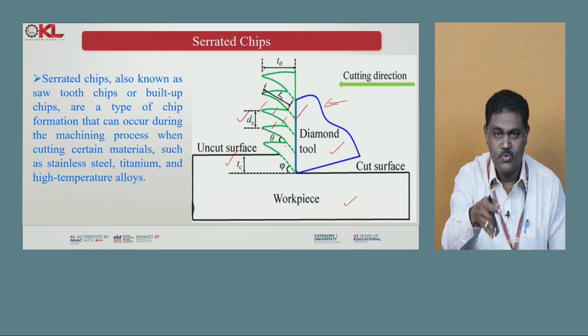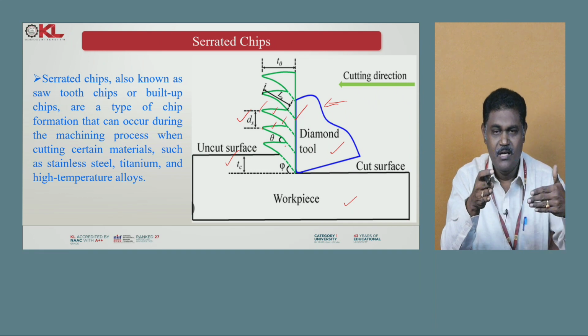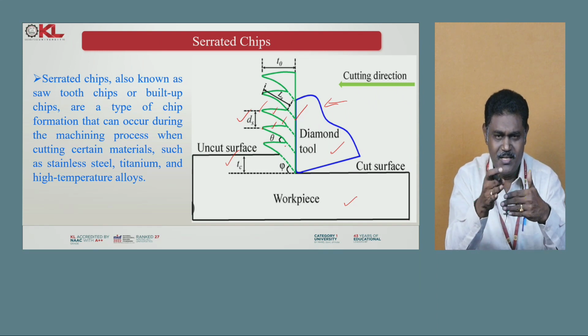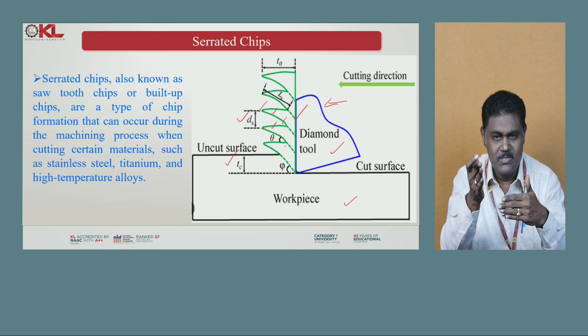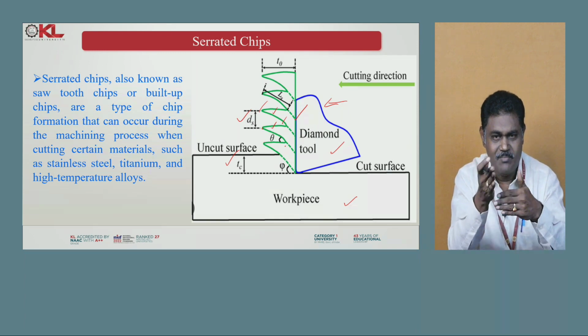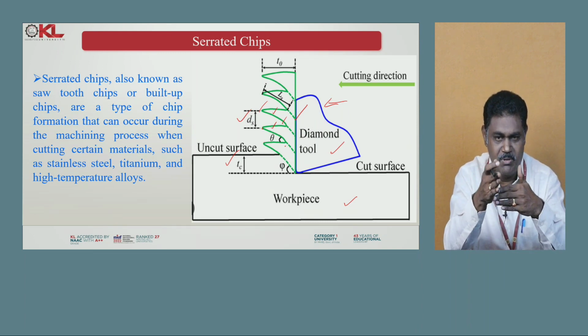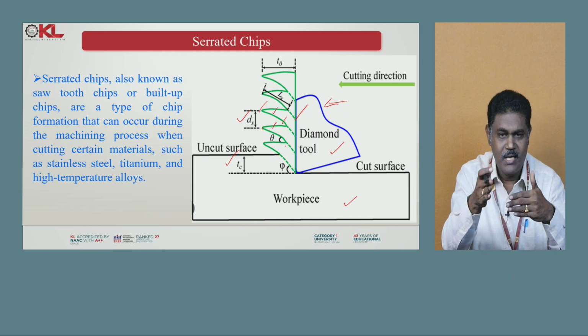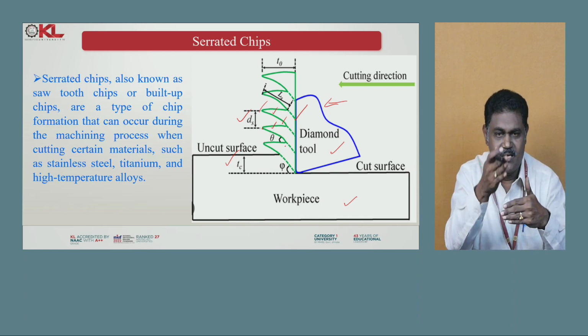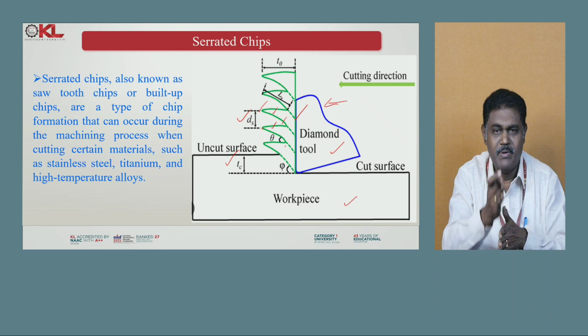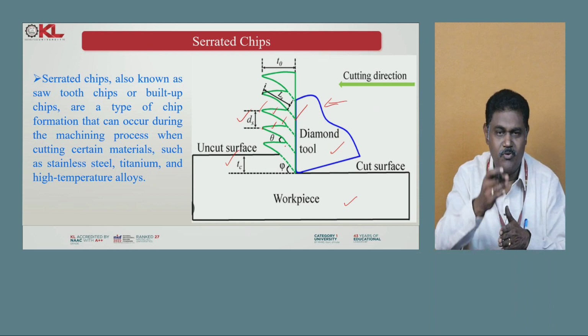The surface of the tool is perpendicular to the direction of the workpiece. In the earlier cases the tool had a certain inclination, but here you see that the surface of the tool is perpendicular and it will move in this direction. Once that material is removed, it's moving in a perpendicular, upward direction.